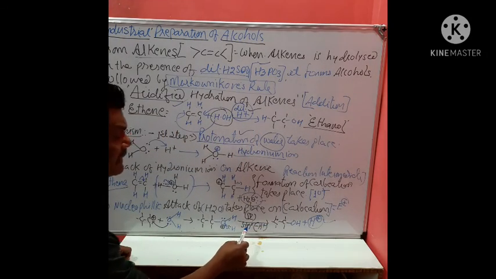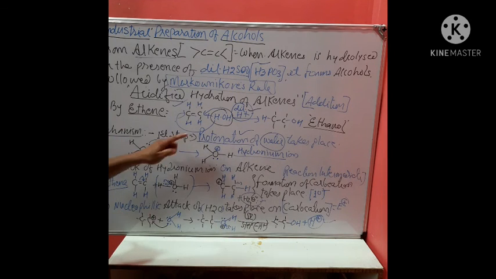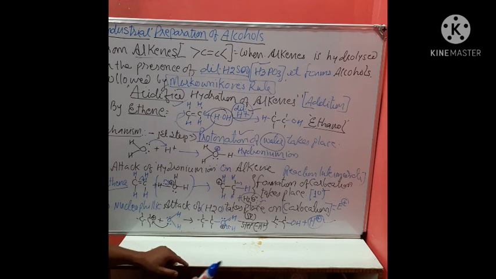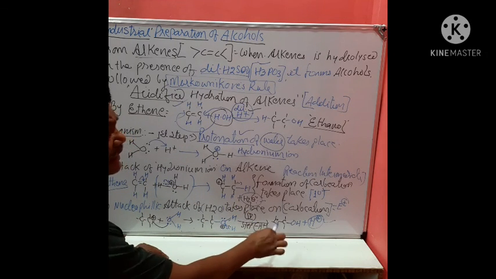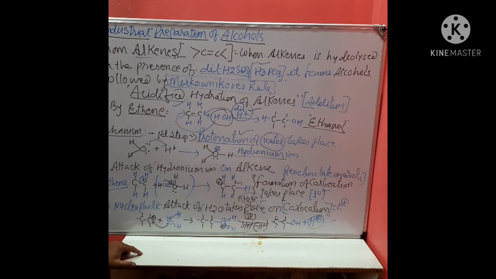This step is known as deprotonation. Deprotonation means releasing of a proton. That is called the deprotonation process. We will check some bigger or higher alkenes in the next class.